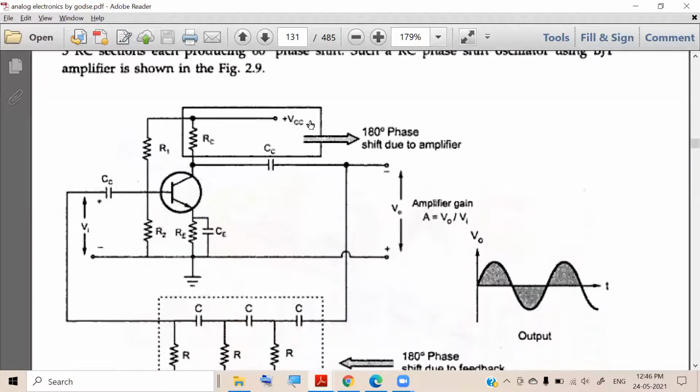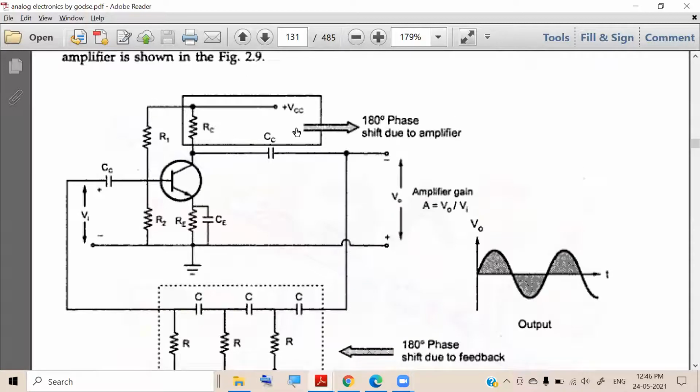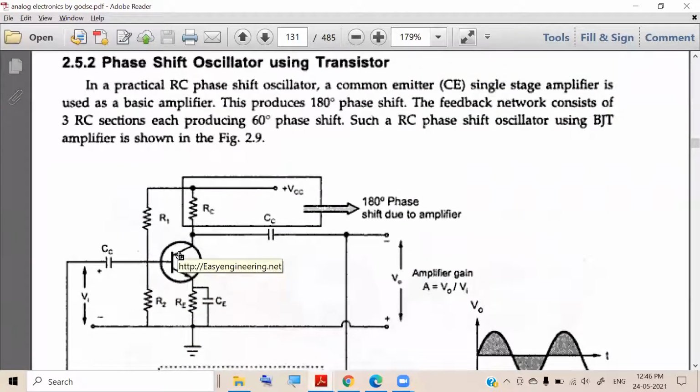Then we have 60 plus 60 plus 60, 180. This block 180, 180 plus 180 is 360. Then one condition for oscillations is satisfied.